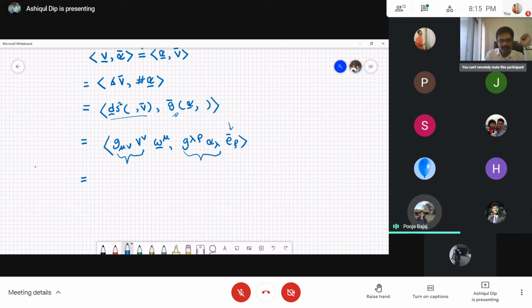Okay. And how do we know that we'll use that e bar rho? What do you mean? I'm clear about ds square, we have already defined this, but I'm not clear how we got this g bar, and in this term, how we got this e rho bar. Oh, okay.